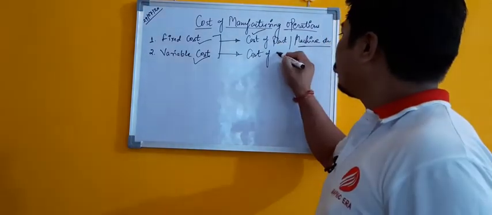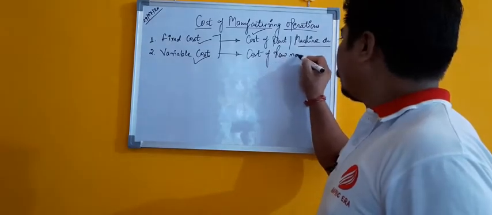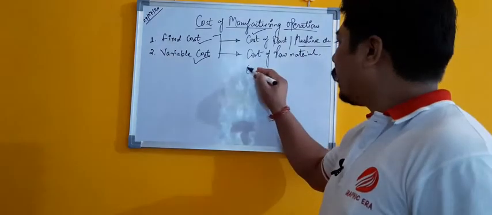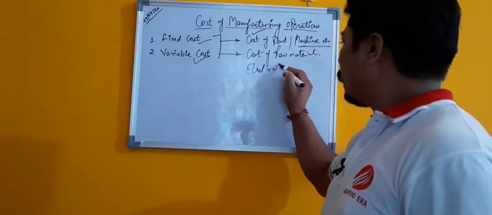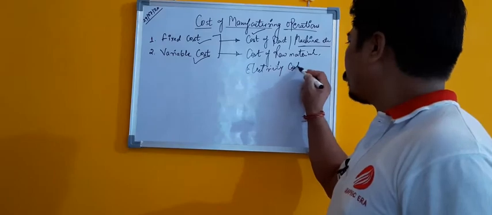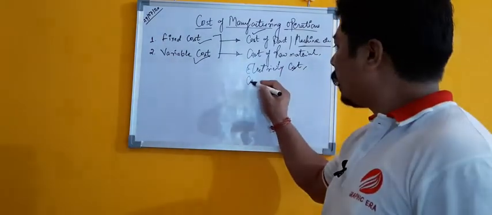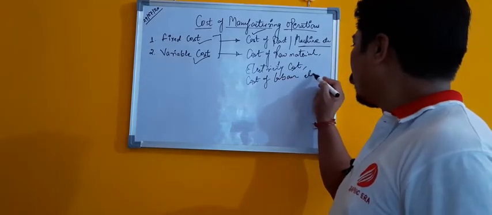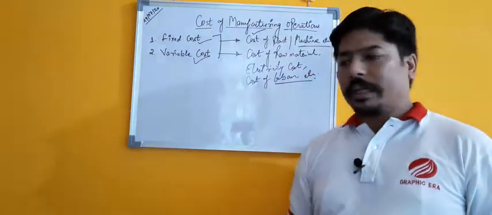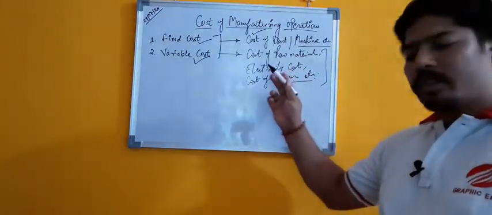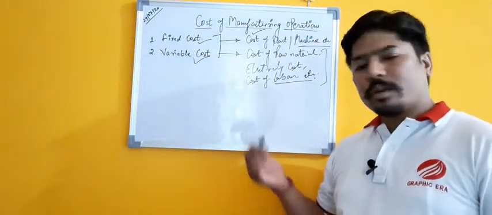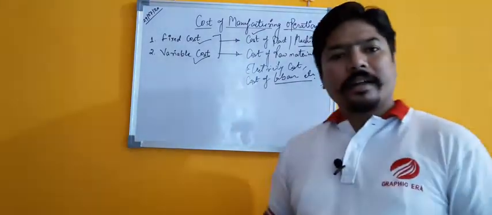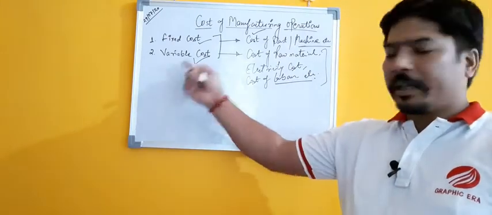Okay, so variable cost is like your cost of raw material, the electricity cost, the cost of labor, etc. Okay, so these costs of raw material, electricity, and labor, and the investment regarding these particular fields, come under the category of variable cost.